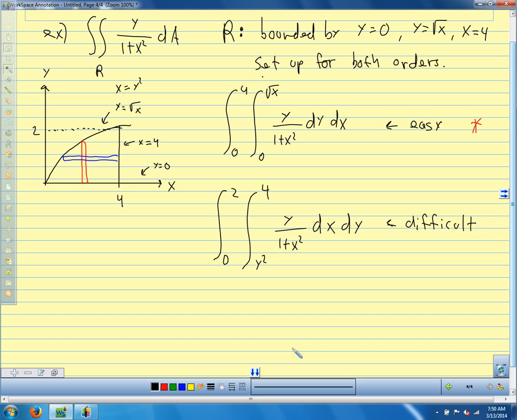And again, another hint, another suggestion, if it helps you to remember to keep your limits straight, you can write on your limits, I could write y equals here and y equals here, and this is x equals, and this is x equals and x equals, to keep your integrals straight.